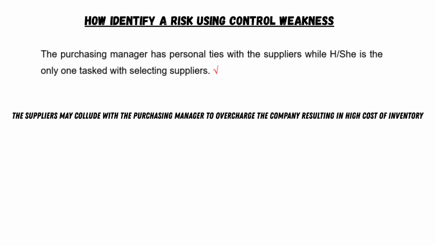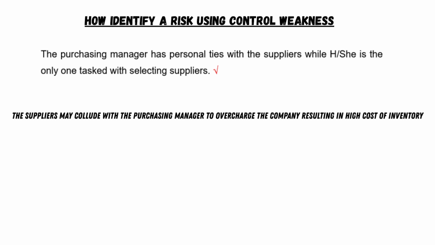There are a lot of consequences that can result from this risk. Another person can say, okay, as a result of the supplier having personal ties with the purchasing manager, there is a risk that there could be favoritism. Or another person might be thinking of an issue where we can overspend, we can be charged higher prices, resulting in a financial loss.